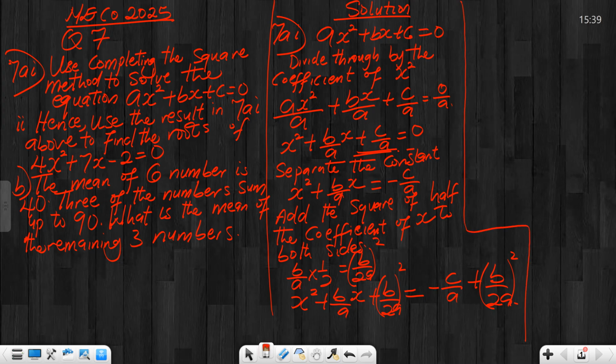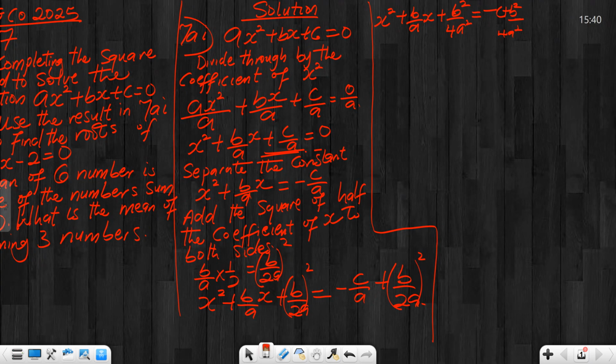From here, I'm going to have x squared plus b all over a x plus b squared all over 4a squared, because there I have b all over 2a times b all over 2a, equal to minus c all over a plus b squared all over 4a squared.